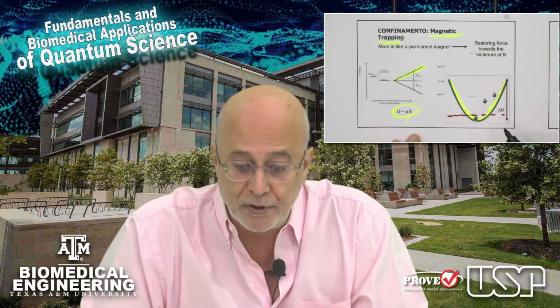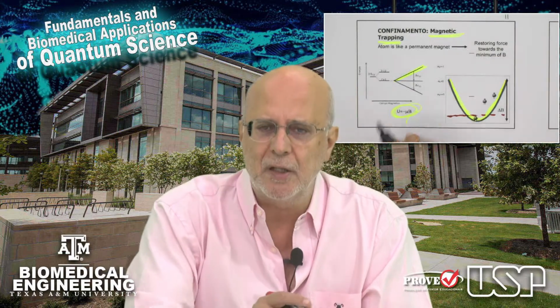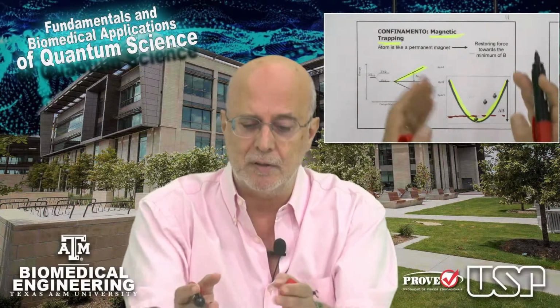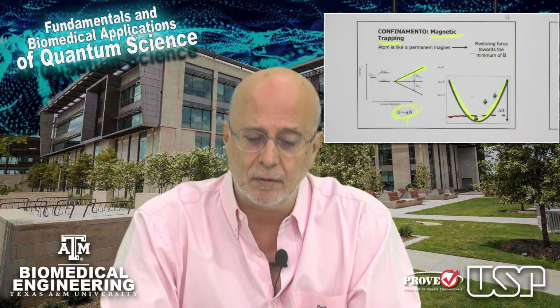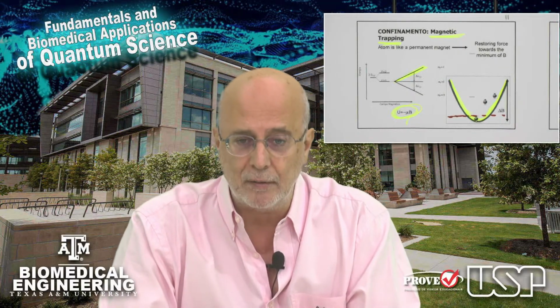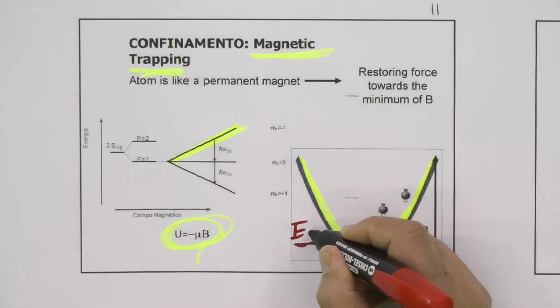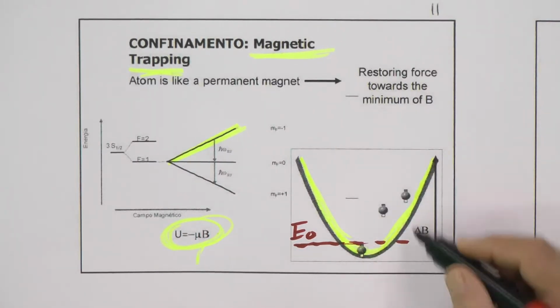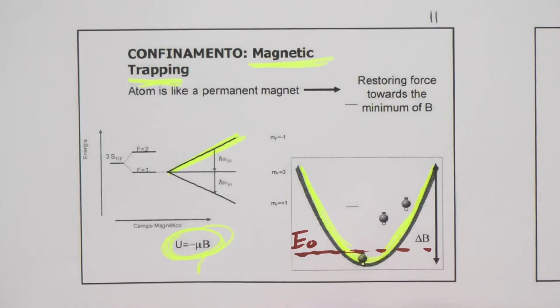Instead of being spread around in this potential, you can imagine it like a box, but this is a harmonic oscillator type. We call it a harmonic trap. If I make all the atoms be in this energy, I can see a giant wave function, and then I can take a picture of it.